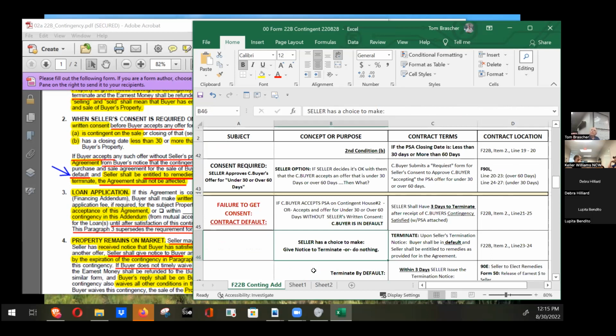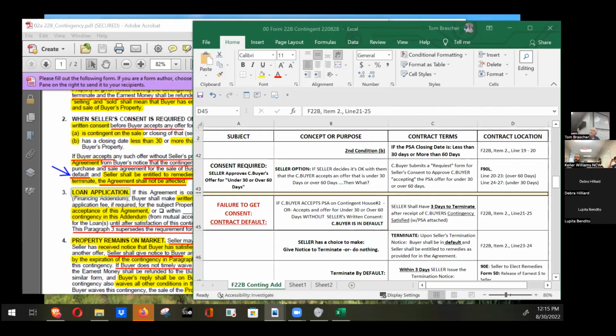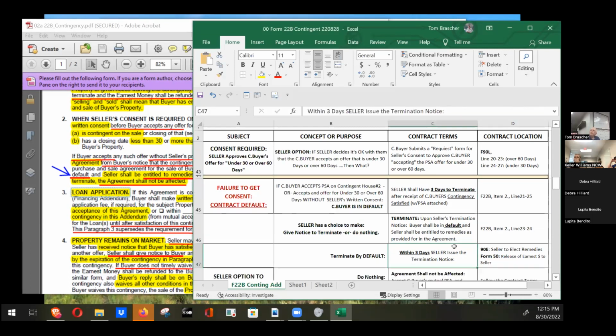So as I come down, failure to get consent, okay? So buyer's in default, seller has 3 days to terminate. That's the clause that we're reading on line 21. So seller has a choice. Here we go. He's going to terminate. Let me just see what we got.